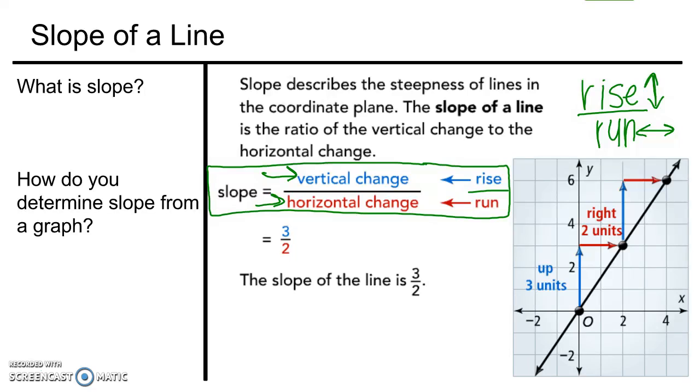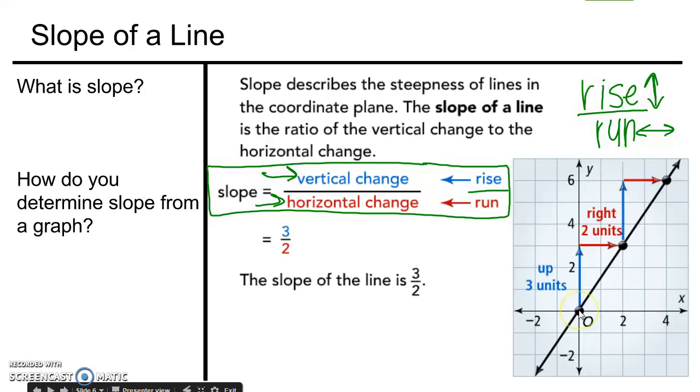So looking at this graph, if I were to find the slope of this line, I'm using this formula, vertical change over horizontal change, or the nickname, rise over run. I'm going to start at this point right here, where it's crossing the y-axis. And I want to count, going from this point to the next point on the graph.